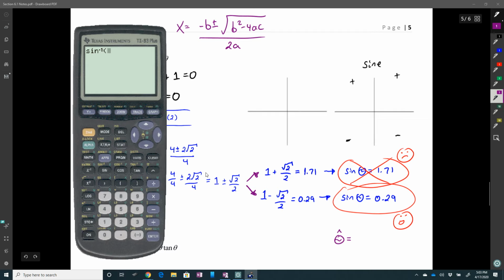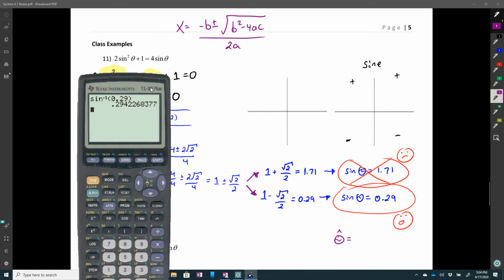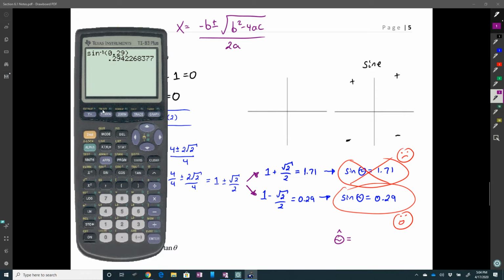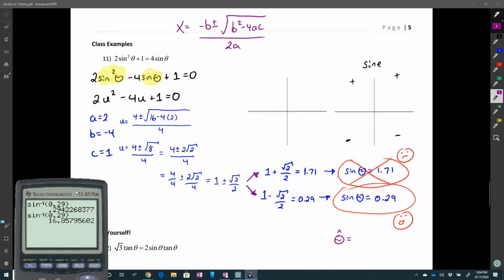So when is sine equal to 0.29? Should have worked for the other way. Hold on. Did I forget to do inverse? I think that's what would have happened. Yeah, okay, I just forgot to do the inverse, my bad.